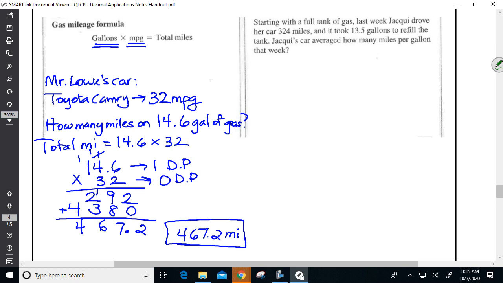So to figure out MPG, you take your total miles and you divide it by the number of gallons you have.